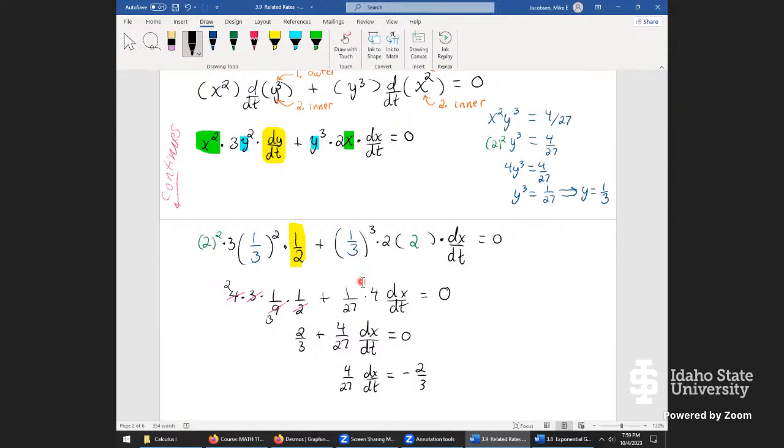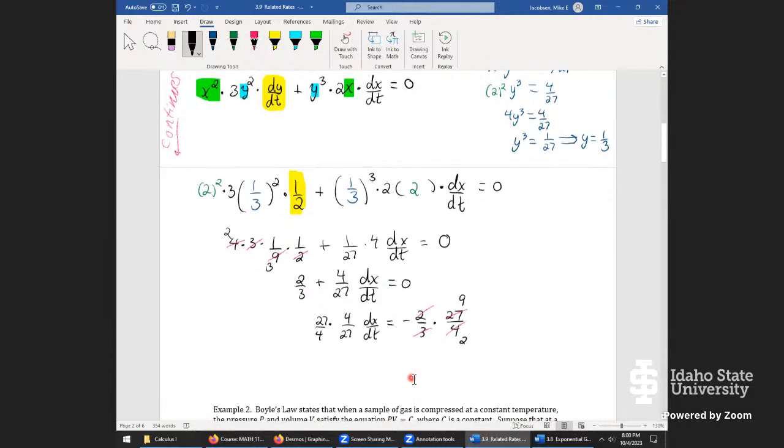That's our negative that we're expecting. We're going to multiply by a positive quantity, 27/4 on both sides. Which means more cancellations. 3 goes into this 27 9 times. This 2 cancels into the 4, going in twice. That negative sign is still alive.